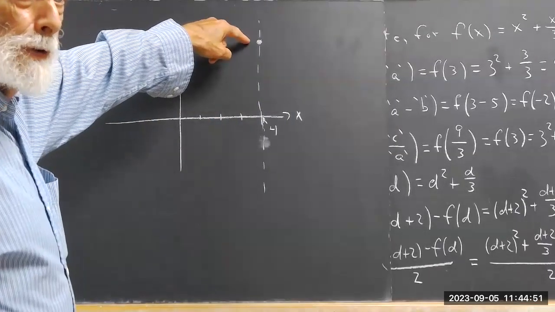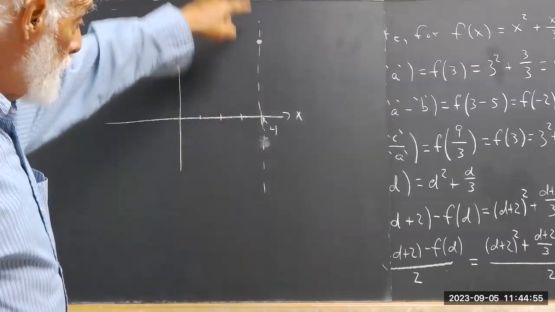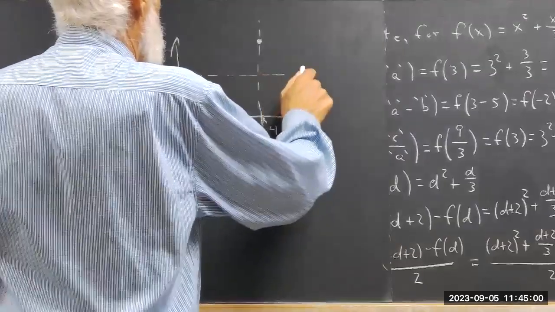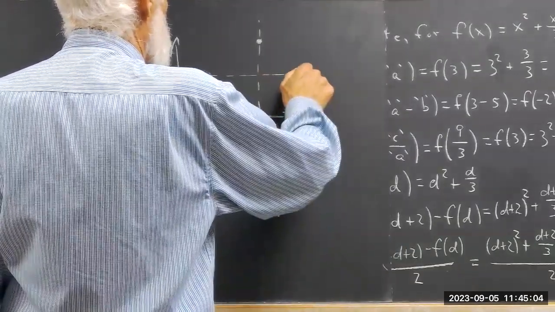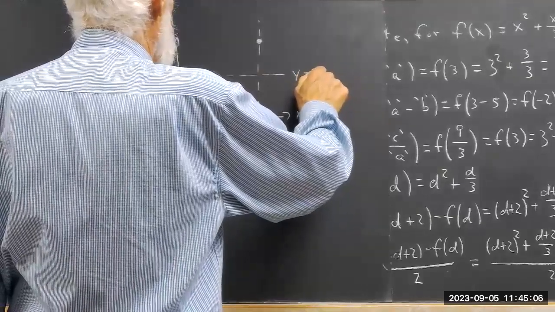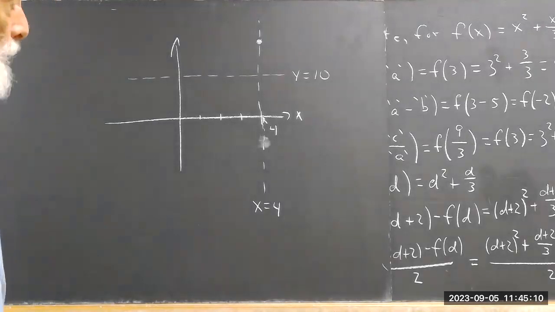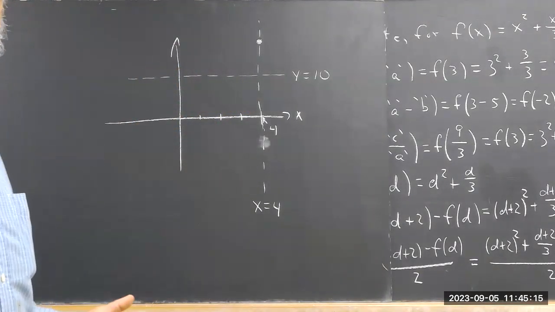The x coordinate is still 4, because this point is directly above x equals 4. So this is the line where x equals 4. Let's say this is a line where y equals 10. Now, 4 looks bigger than 10, but that happens all the time on graphs.